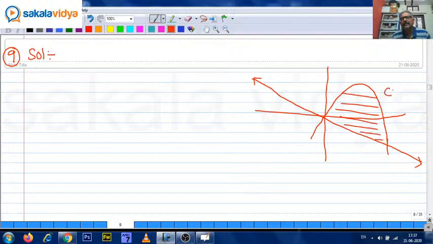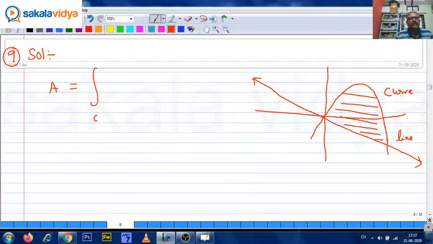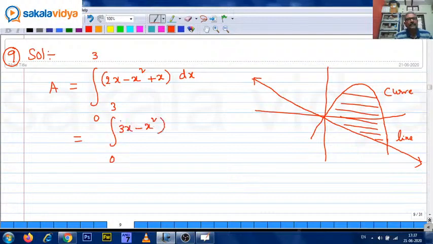Now curve, this is line. That means area equals, we get like this, integral 0 to 3 parabola. What is the parabola? 2x minus x square and minus of minus x, you will get plus x dx. This can be written integral 0 to 3 of 3x minus x square dx.